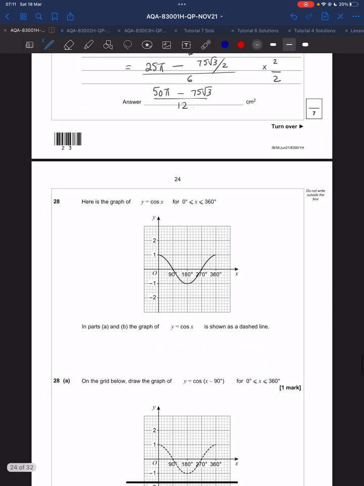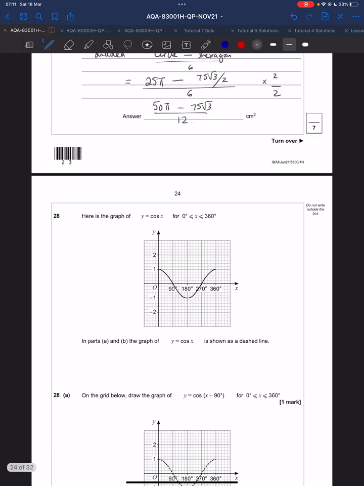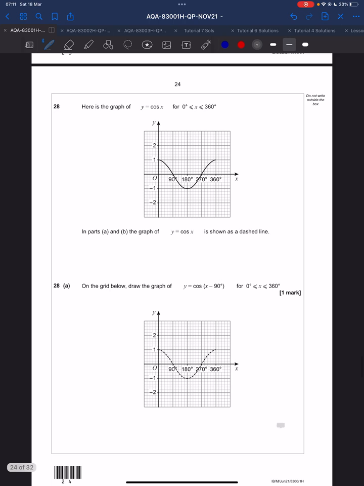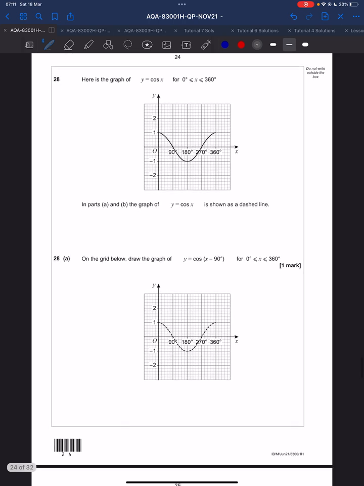Right, number 28, here's the graph of y equals cos x. In parts A and B, the graph of y equals cos x is shown as a dotted line. So that's here. They're saying draw the graph of y equals cos of x minus 90. So what you do is if it's minus 90 inside this bracket here, this is cos of x as it is.